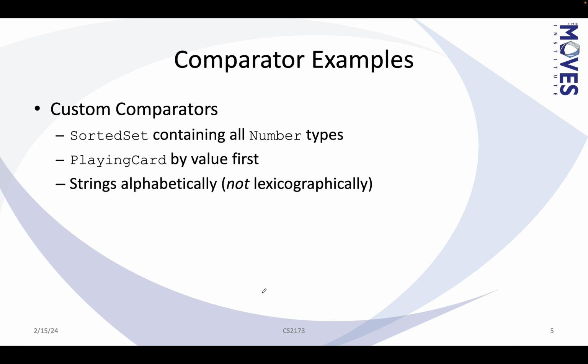So I have to scroll, and if they're alphabetical, then I can easily find it. But if they're lexicographic, it's a little harder. So usually we want alphabetical.